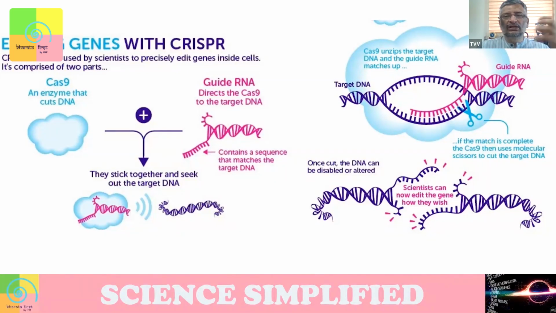Okay. So the Cas9, when you attach, then this guide RNA and the Cas9 together will go and attach to that particular part of the DNA. And then what happens is that the enzyme will start acting. When the guide RNA goes and attaches to the particular part of the DNA, the Cas9 will start acting like a scissor and it will cut the DNA.